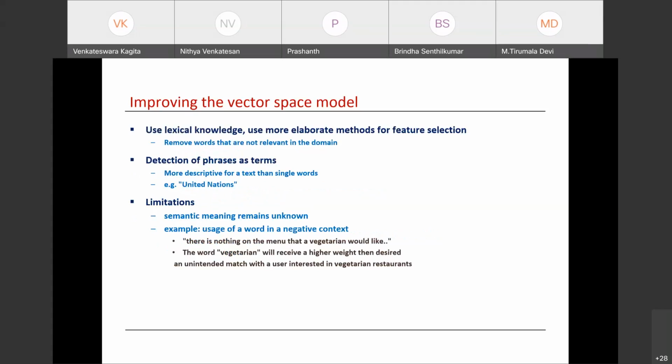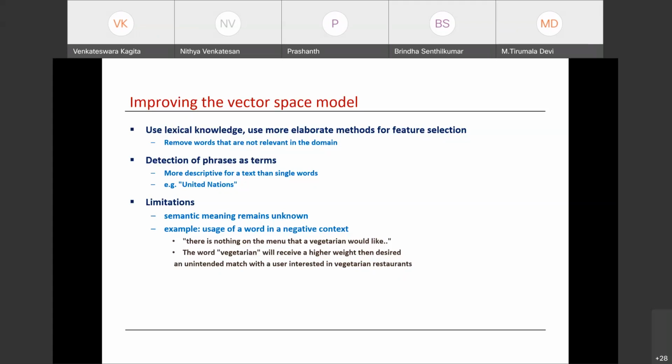And you can use lexical knowledge, more elaborate methods for feature selection, like removing words that are not relevant in the domain. You can also detect phrases, so a phrase like United Nations can be detected as a single term instead of making United and Nations two terms.